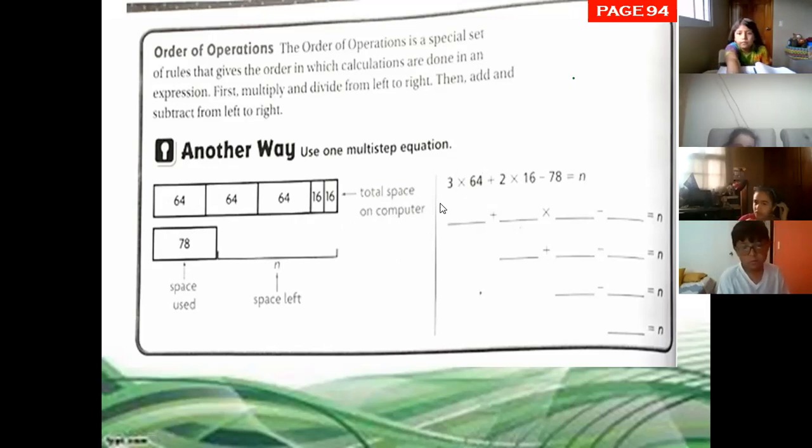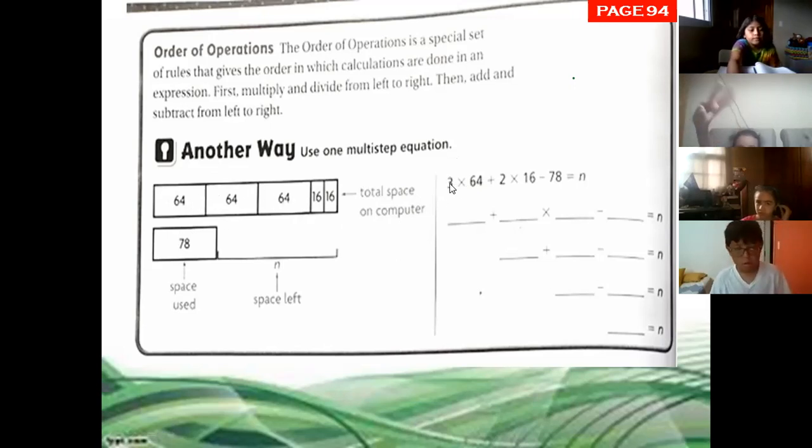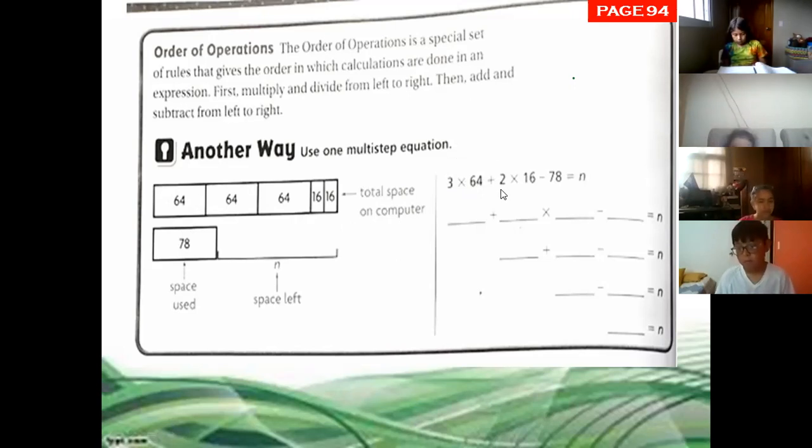So another way that we can write this equation is, I'm going to write my multiplication. How many 64 do I have here? 3. I'm going to write 3 times 64. And then I'm going to write the plus sign, because remember that at the end I add the two partial products.